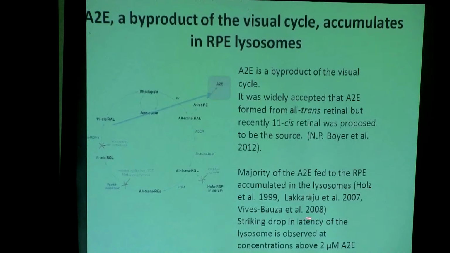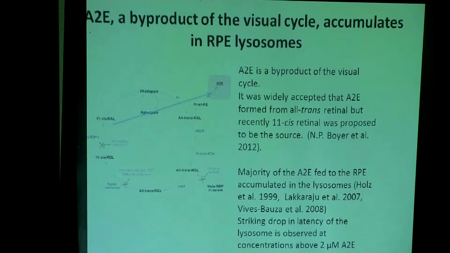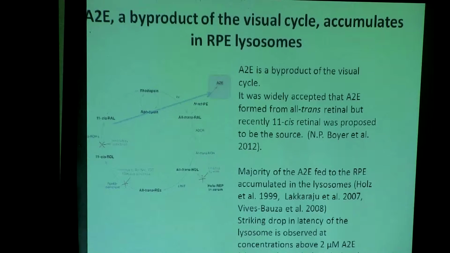But here again, one problem is that you can observe a striking drop in latency of the lysosomes at concentrations above 2 micromolar A2E, which is called A2E leakage.